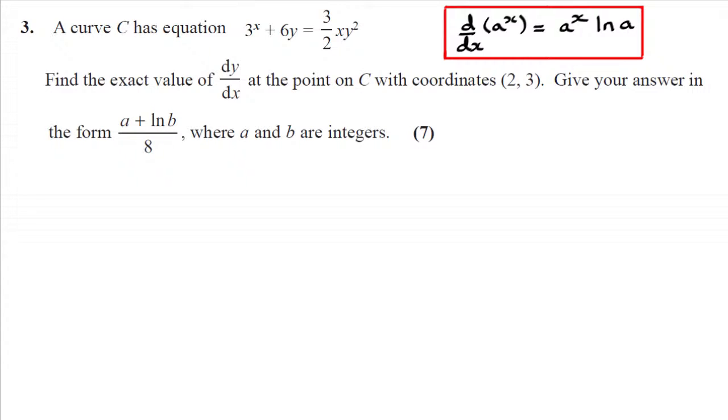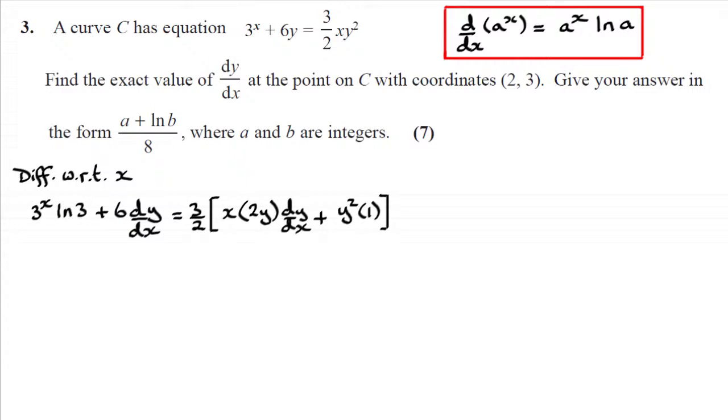Okay, let's just take you through this stage in case there were any problems for any of you. We've got to differentiate with respect to x. This is implicit differentiation in stages, and it also involves the product rule. So differentiating with respect to x, this first term here, 3 to the power x.